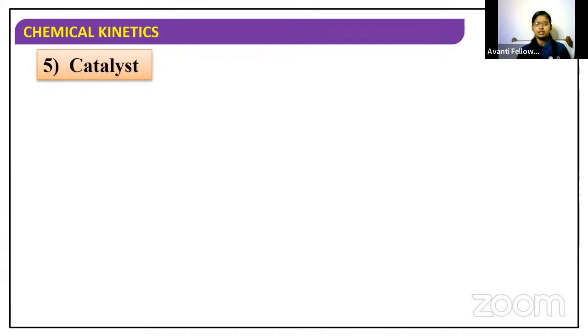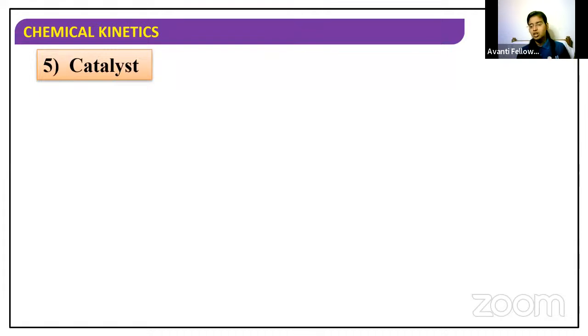Let's come here. Sanika has given me the definition. Sanika said it is a substance that increases the rate of the reaction without participation. Very good, Sanika, your definition is exactly right. Sakshi is saying that it increases the rate, very good. Mahik is saying the substance increases the rate without taking part.